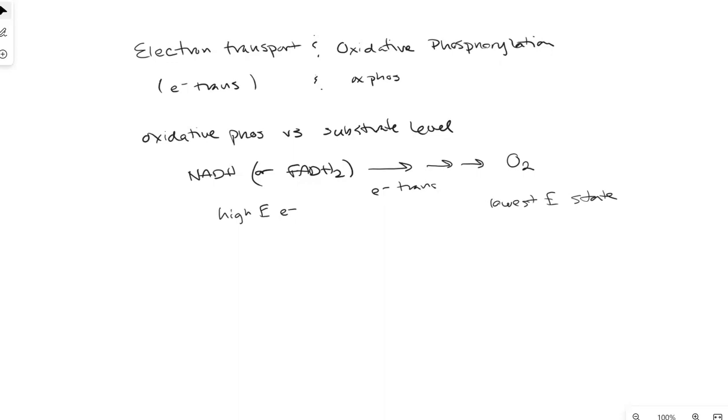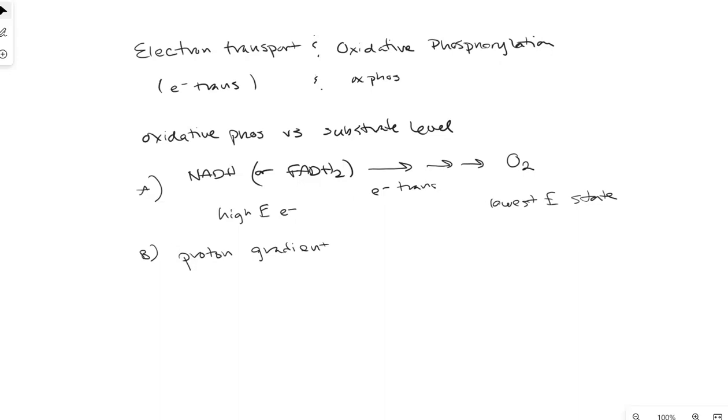So, big picture, we're going to be passing electrons from our reducing equivalents through the electron transport chain to oxygen. This is going to establish a proton gradient in the inner mitochondrial membrane.